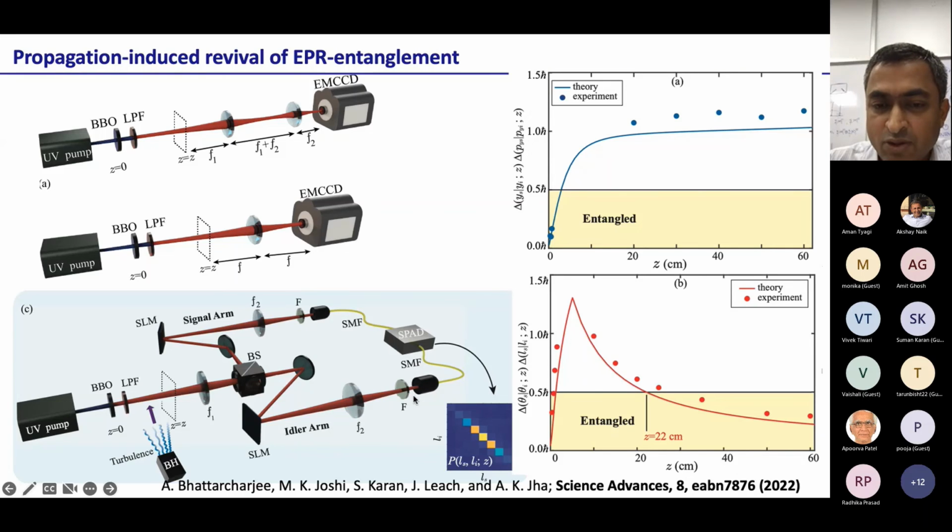And if I don't collect the whole field, then this will start rising again. Maybe I should have had that slide. We have shown that calculation in the supplementary of this paper. Once the size of the aperture becomes smaller, just because you lose the light, you don't collect the whole field, so you don't have the complete capture of the entanglement.